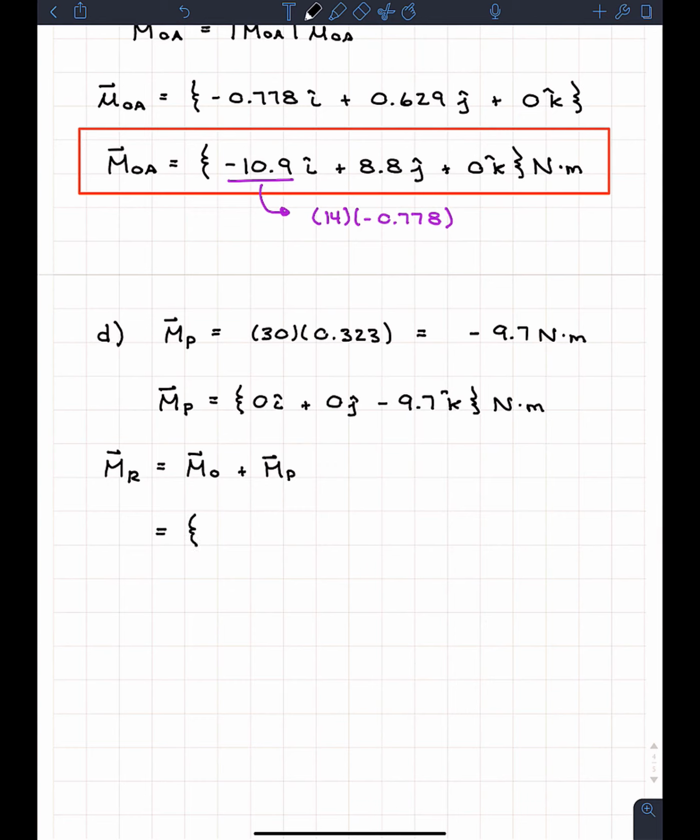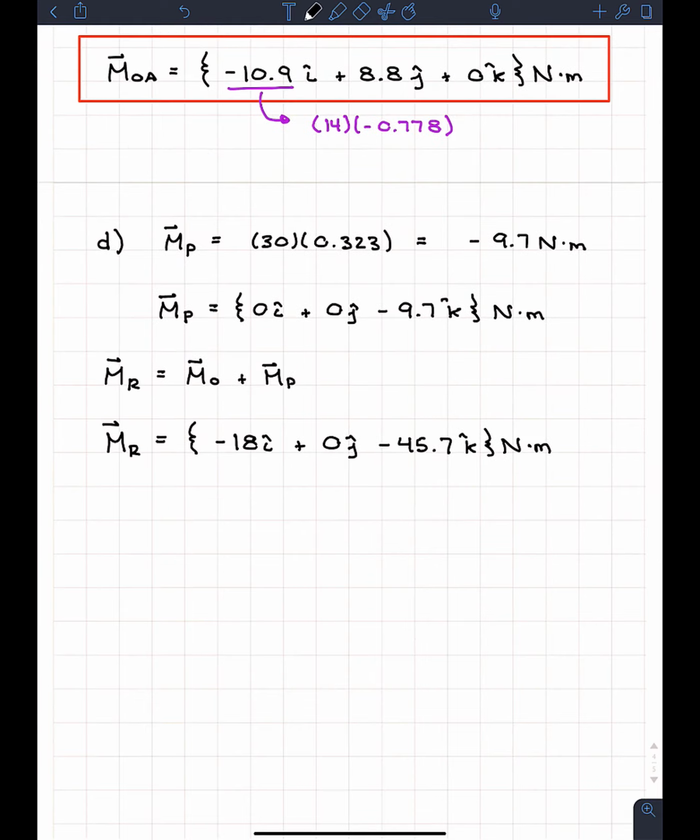I'll put M_R, and it's going to be negative 18i plus 0j minus 45.7k, in units of newtons times meters.